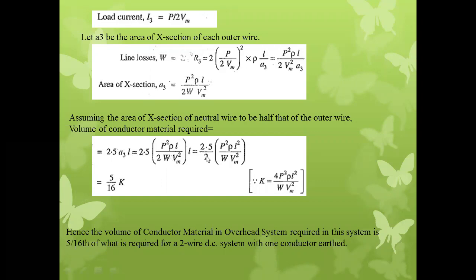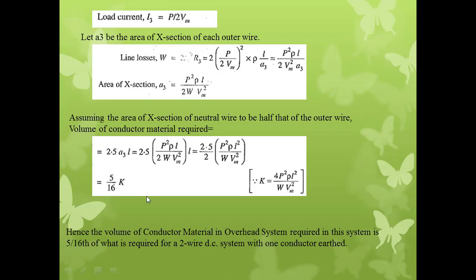So we get the final equation, 2.5 divided by 2 into P square rho L square divided by W into Vm square. It is further simplified as 5 by 16 into K, where the value of K is 4 into P square into rho L square divided by W into Vm square.